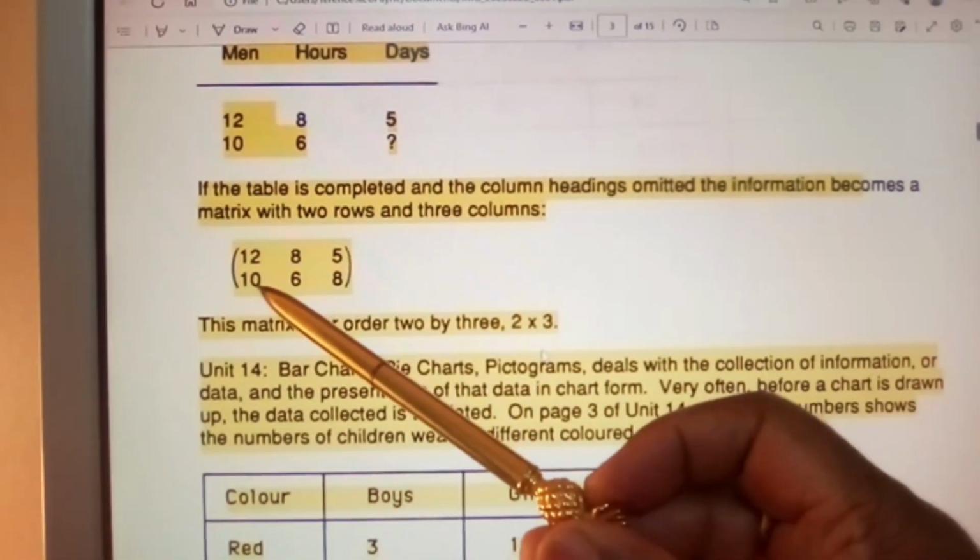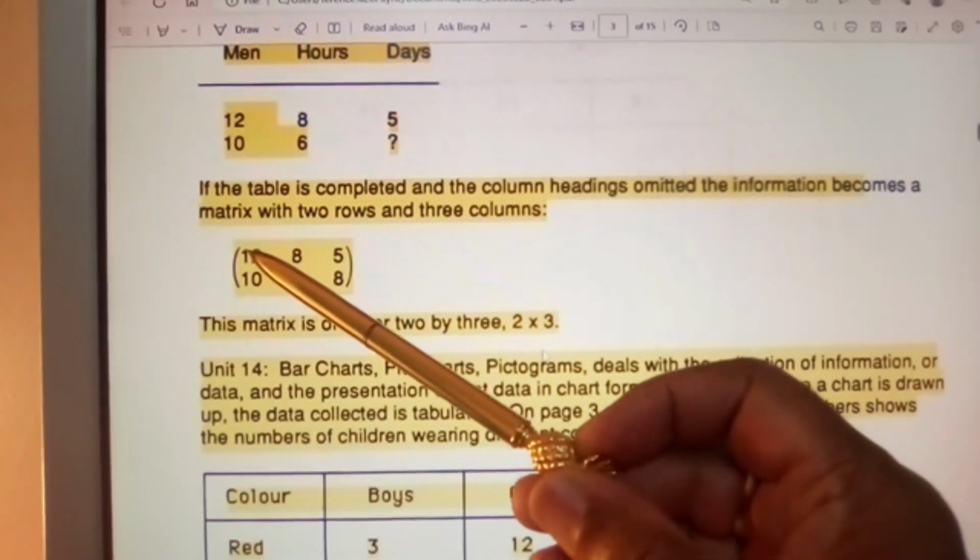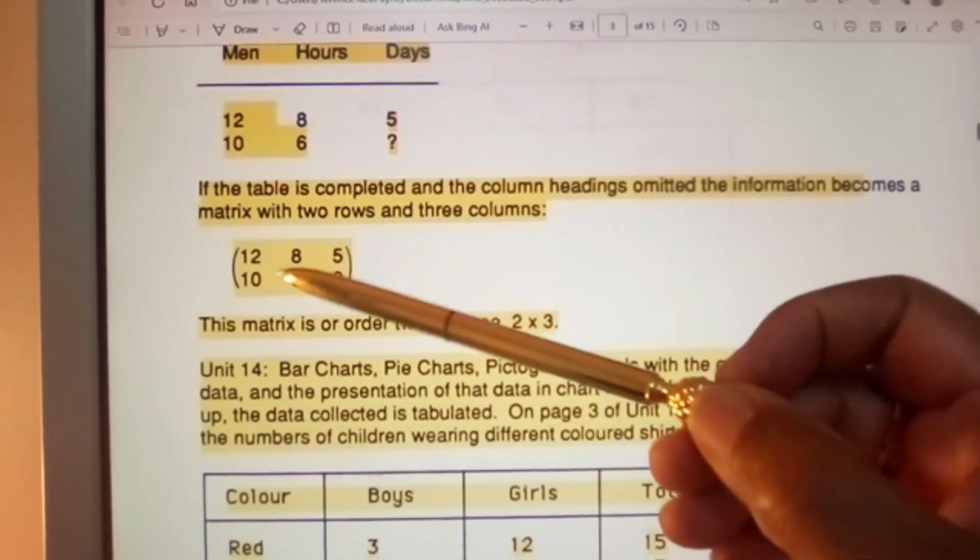So here we have 10 men doing 6 hours over 8 days, 12 men doing 8 hours over 5 days.